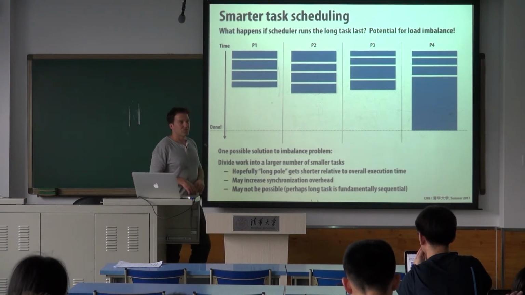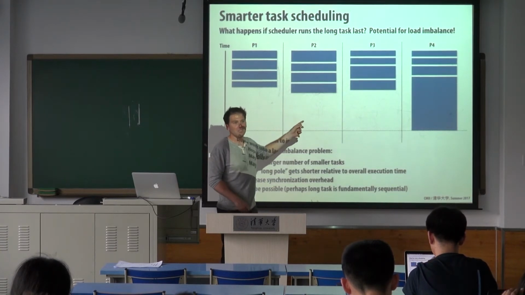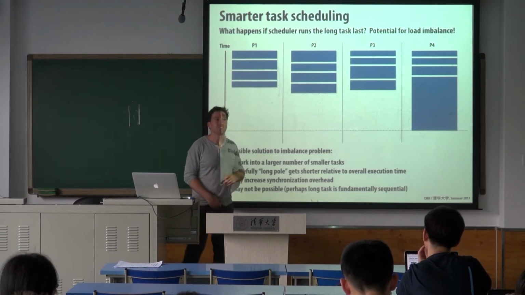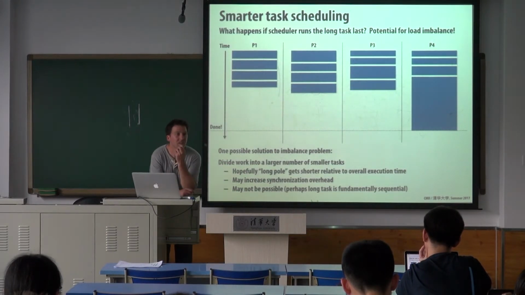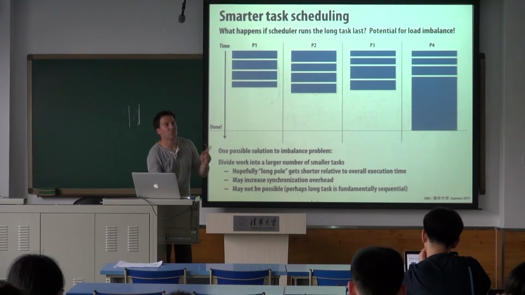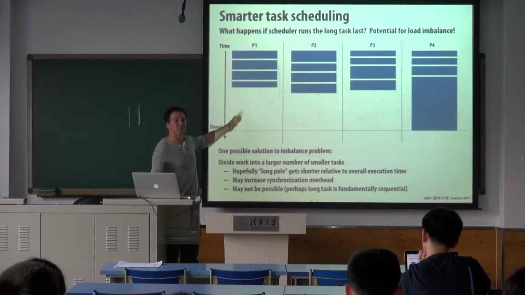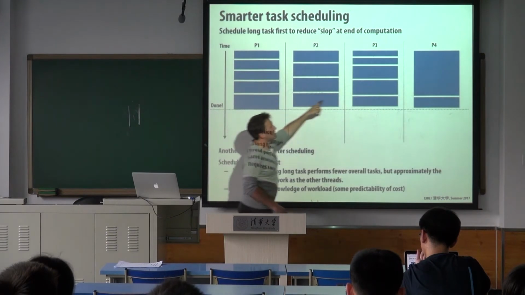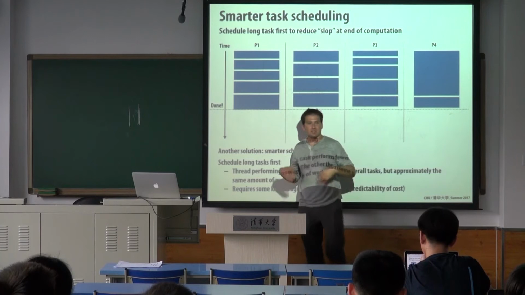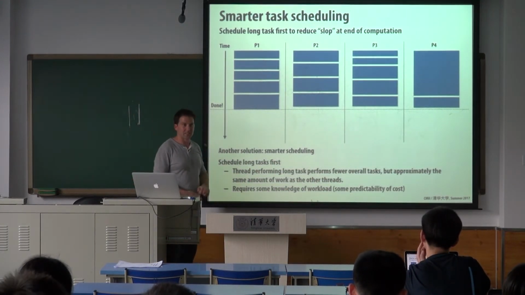Okay, so if you knew the sizes of the tasks, what could you do? Right, we could change the order. We can say we're going to run the biggest tasks first. And so look what happens when I do that. Processor 4 ends up getting the big task. But it's okay, because the big task is not longer than sort of all the work that everybody has to do.